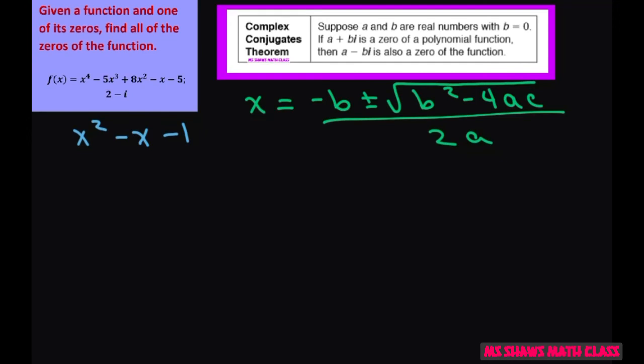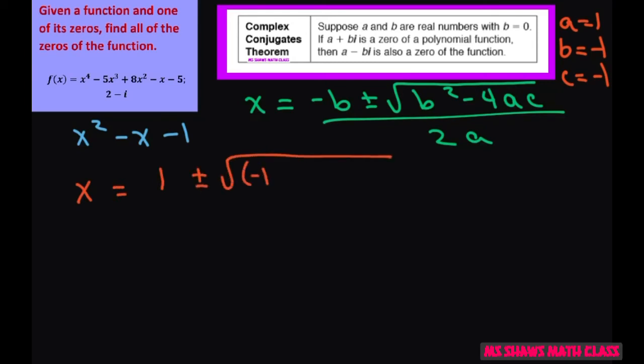So in our case, our a equals 1, our b is negative 1, and our c is negative 1. So using the quadratic formula, you get negative b, that's just going to be positive 1, plus or minus the square root of negative 1 squared minus 4 times 1 times negative 1.